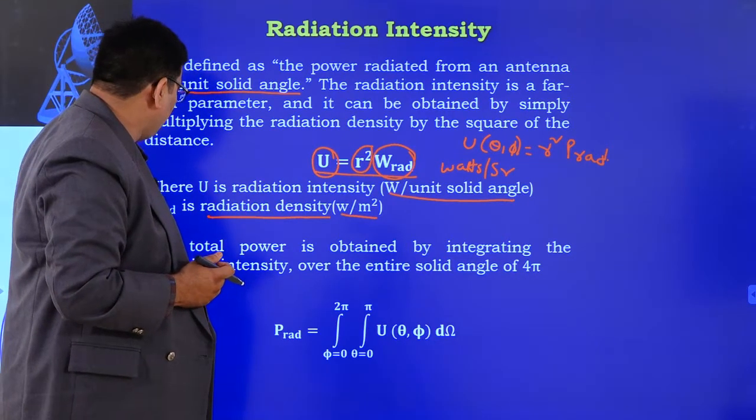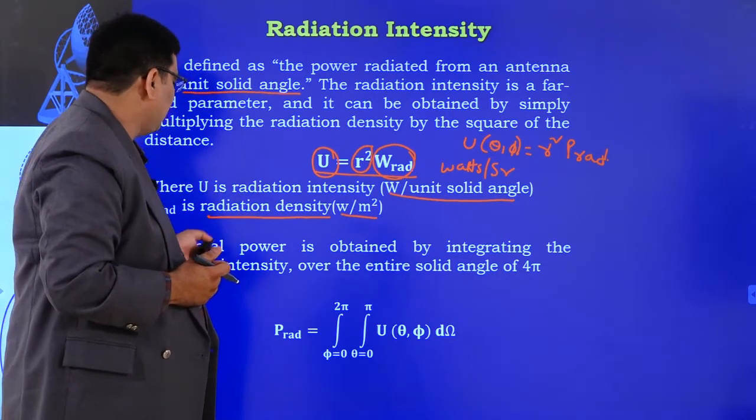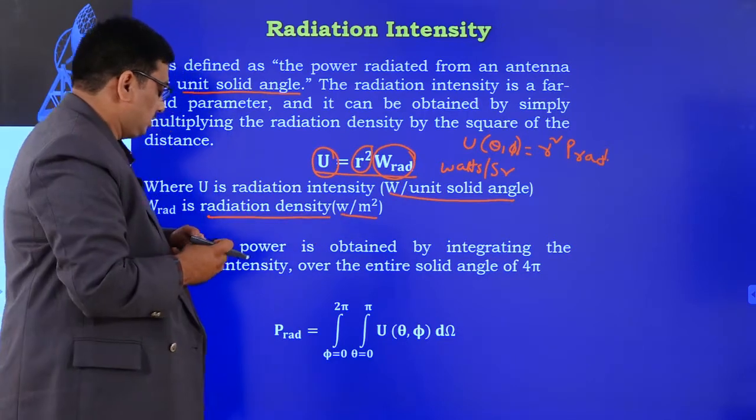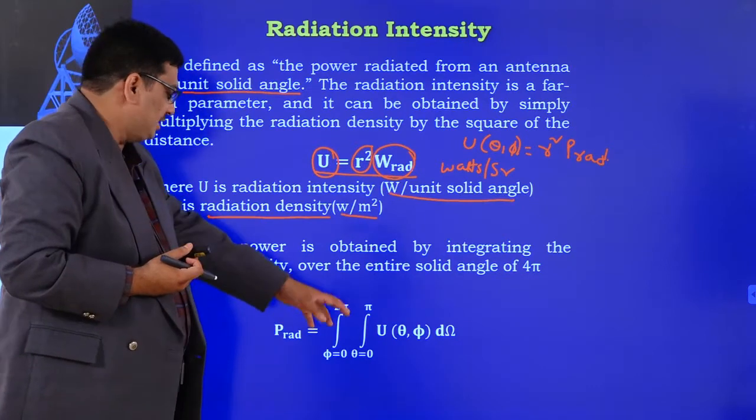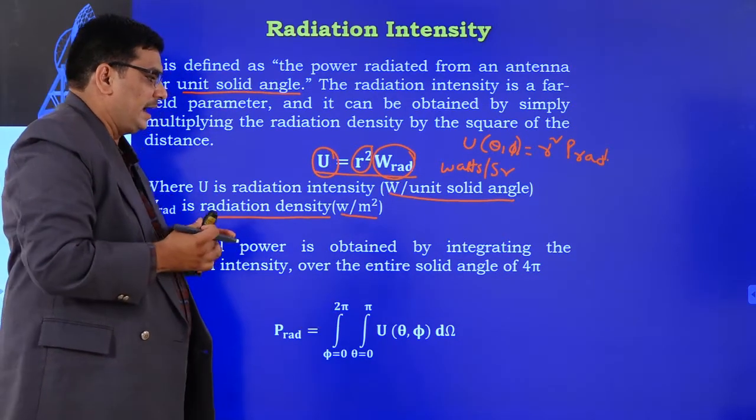Suppose you want to find the total power. The total power can be obtained by integrating the radiation intensity over the entire angle.